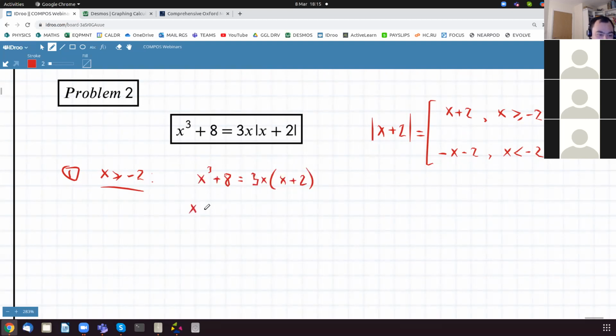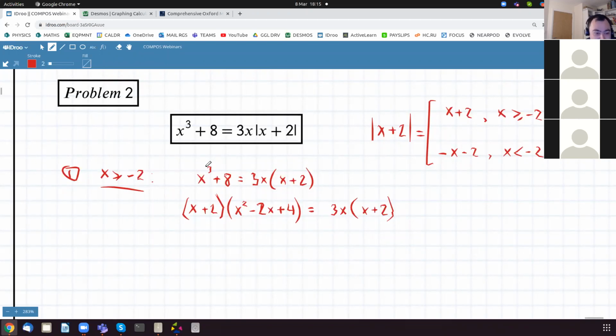It is going to be x plus 2 multiplied by x squared minus 2x plus 4 equals 3x times x plus 2.